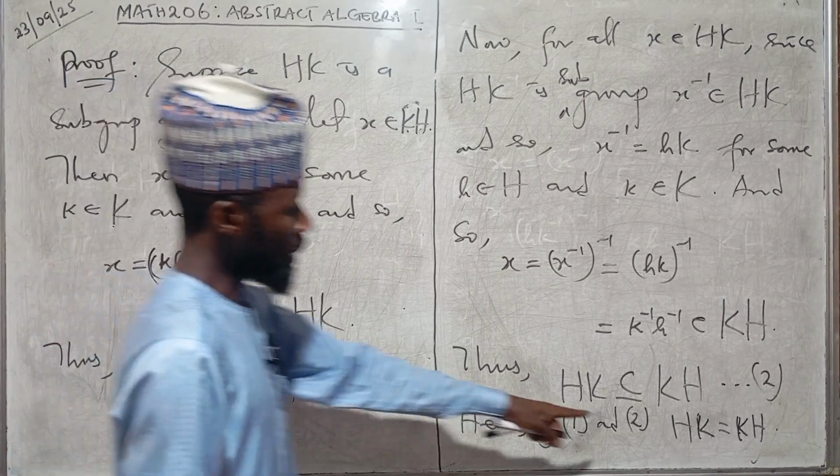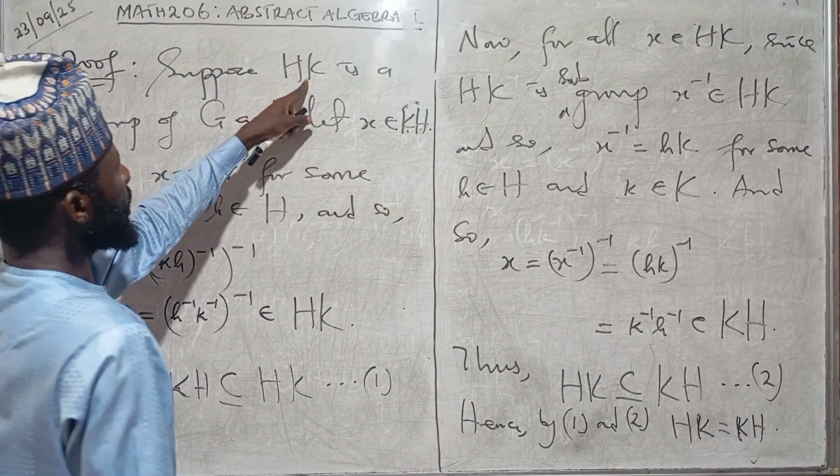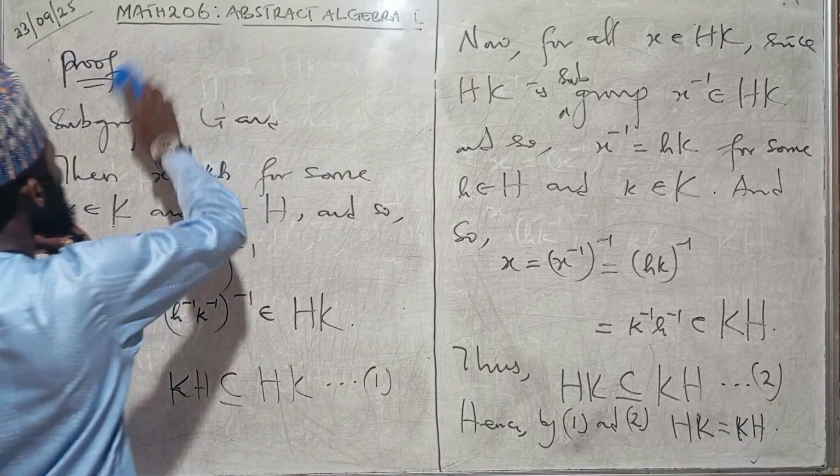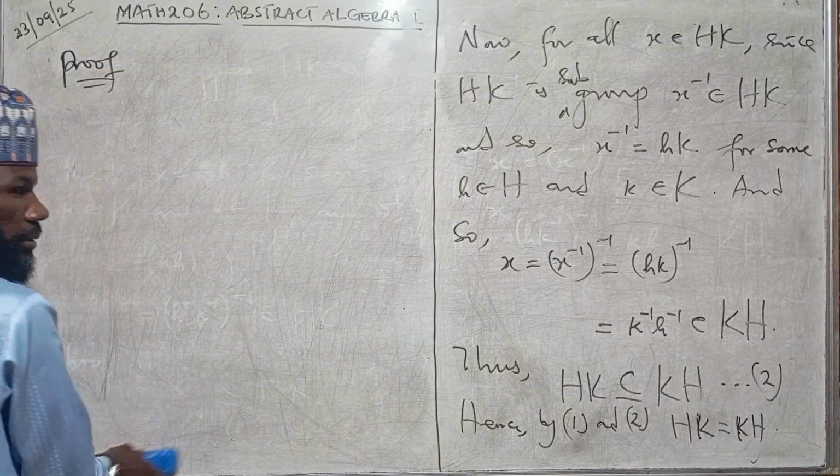Conversely, if we assume HK equal to KH, we can still achieve having HK being a subgroup. So we can prove the converse now.